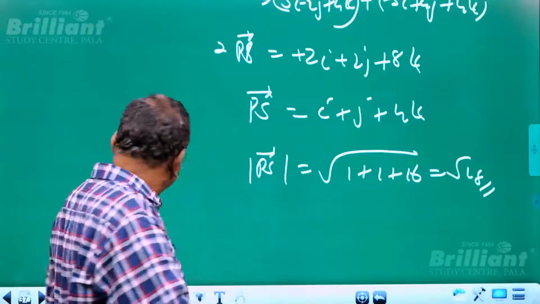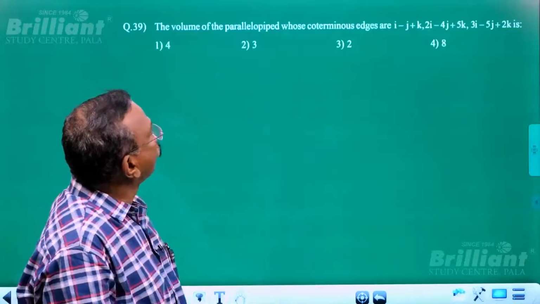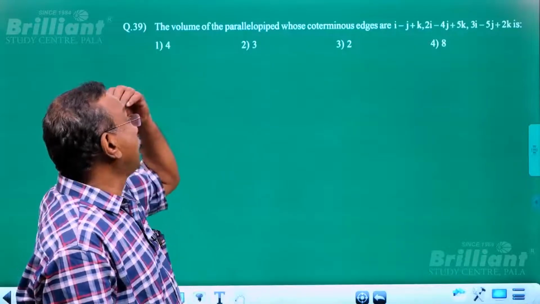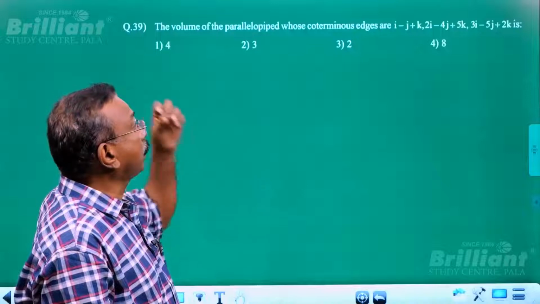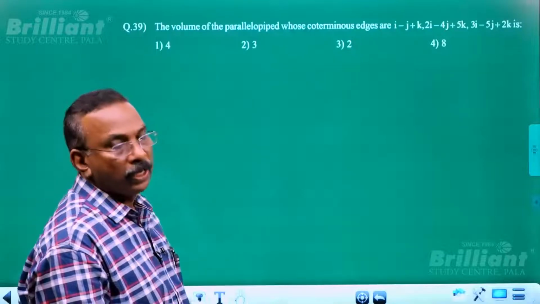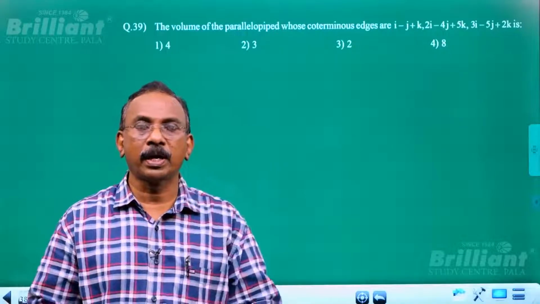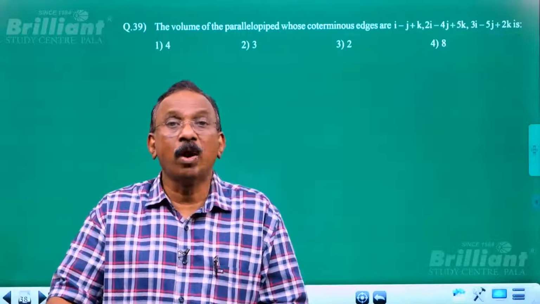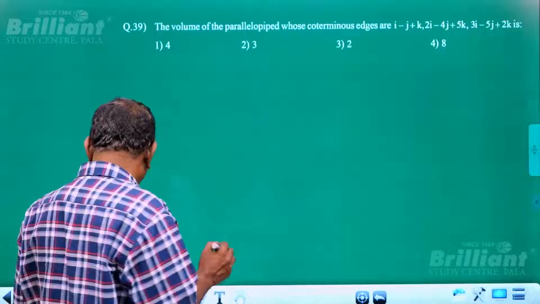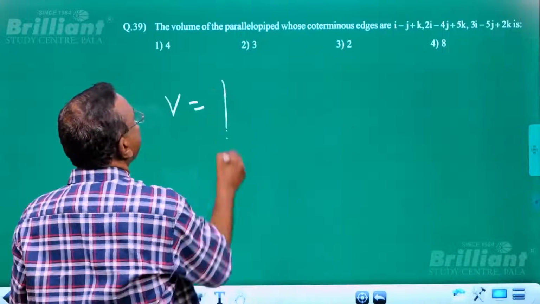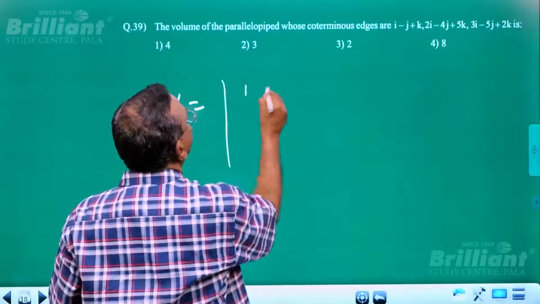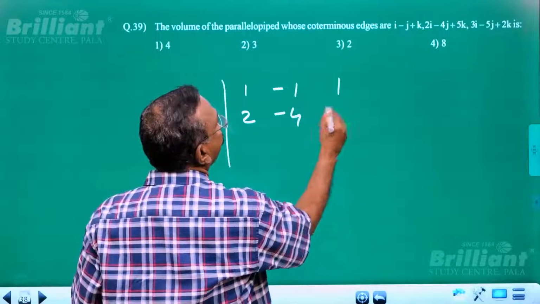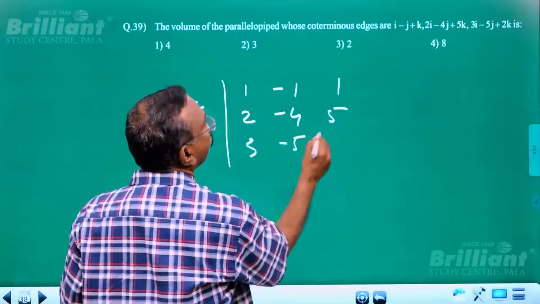Now question number 39. The volume of a parallelepiped whose coterminous edges are i - j + k, 2i - 4j + 5k and 3i - 5j + 3k. If a, b, c are coterminous edges of a parallelepiped, then its volume is the box product ABC. So here the volume is equal to the determinant with rows 1, -1, 1; 2, -4, 5; and 3, -5, 2.